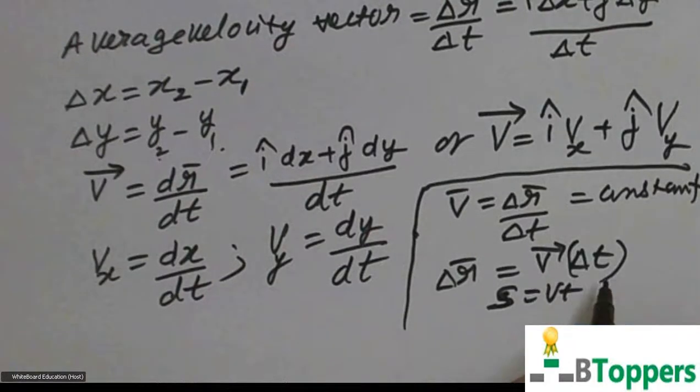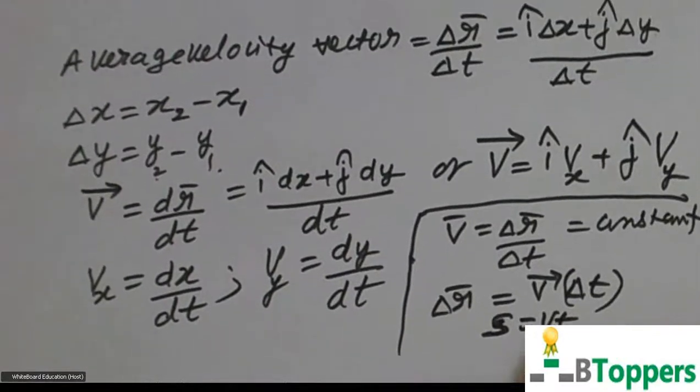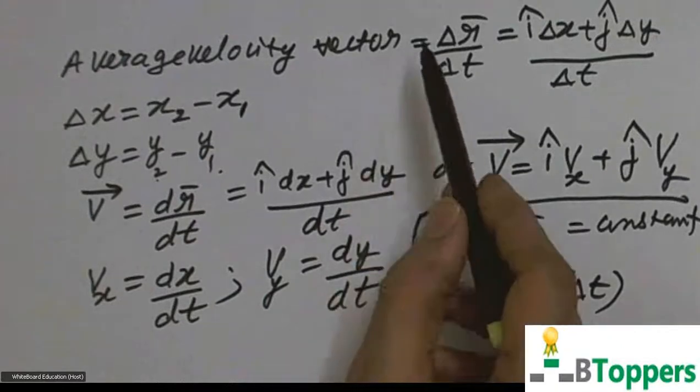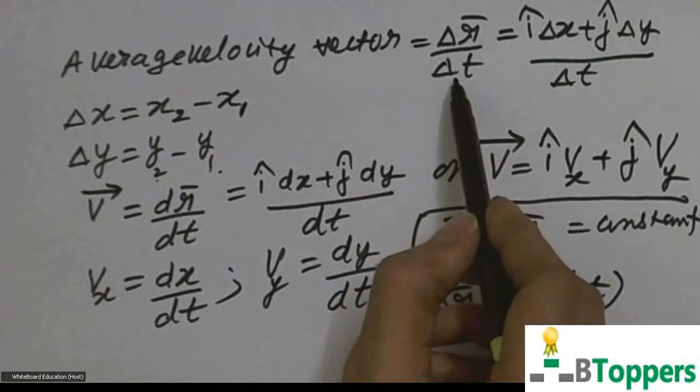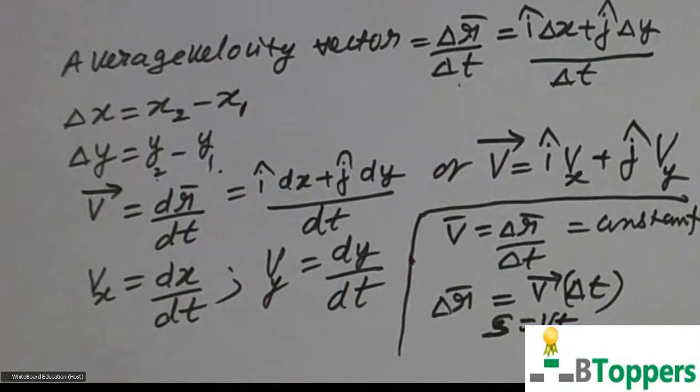That means when the particle moves in a straight line path with uniform velocity, the magnitude of the displacement is the magnitude of velocity into time interval. Suppose the velocity of the particle is not constant; in that case, the average velocity is found by dividing the net displacement of the particle by the time interval.